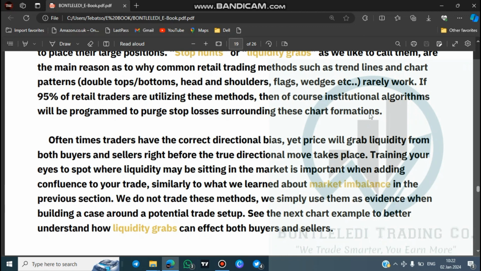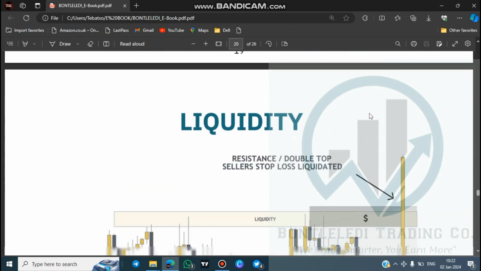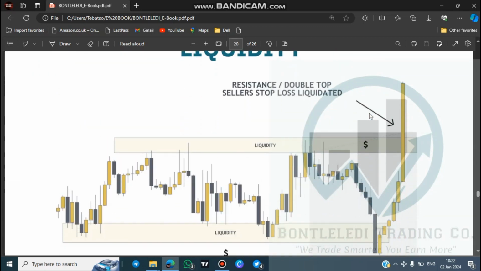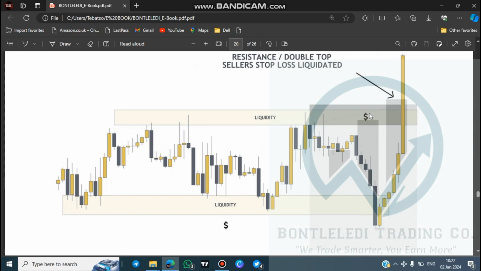See the next chart example to better understand how liquidity grabs can affect both buyers and sellers. So basically guys, you need to understand where liquidity is in the market, where the price is, and where the market will likely go to visit.